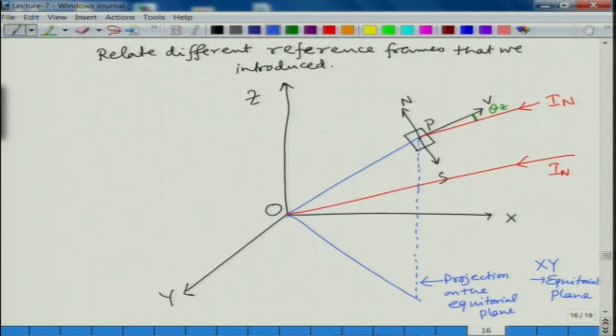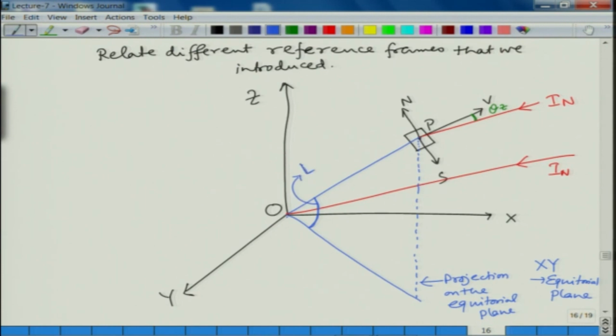Okay. So, what angle this one will be? Can you please try? Before I tell you, you pause the video here and think what angle will this be? The projection on the equatorial plane and the vector OP. Okay. Now, you can switch on and see that this angle will be the latitude L.